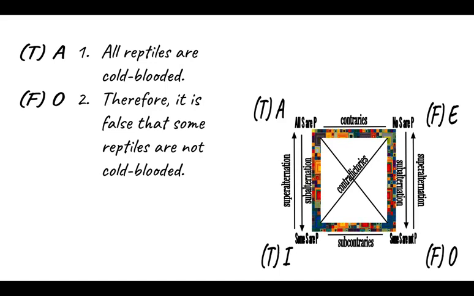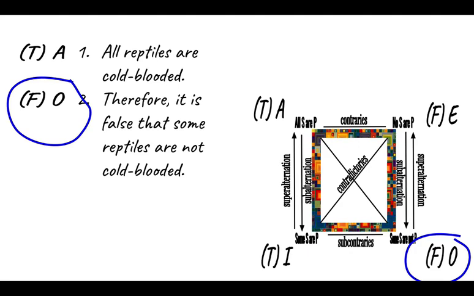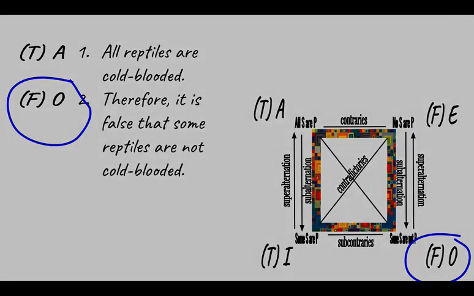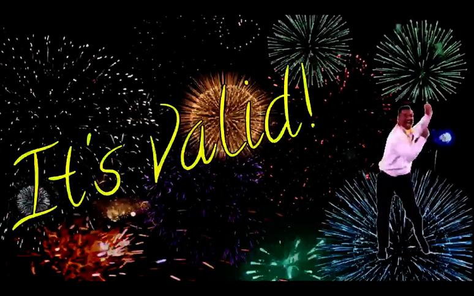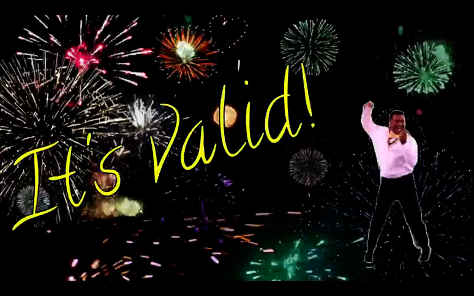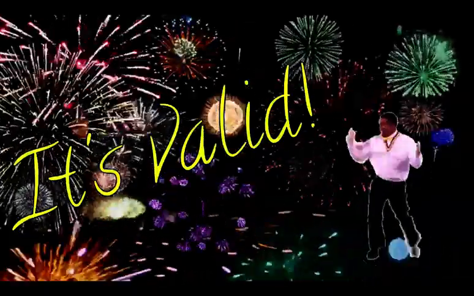Here I reproduced our square of opposition as well as our argument and the etchings on its side. We see here that our conclusion in the argument is a false O sentence. And in our square of opposition, we also have a false O sentence. That is a match, my friends, which means that this argument is valid. Very good, very fun, excellent times ahead.